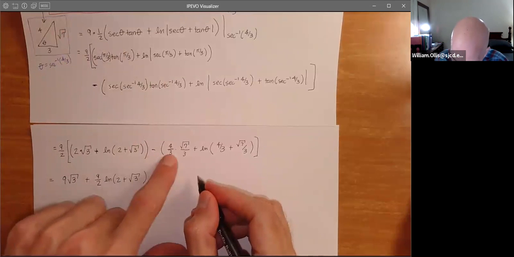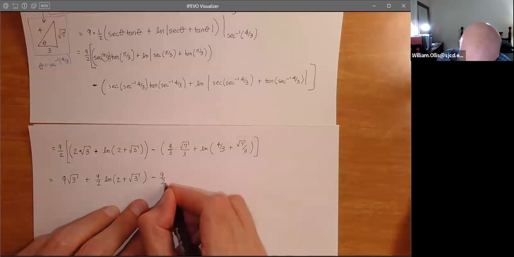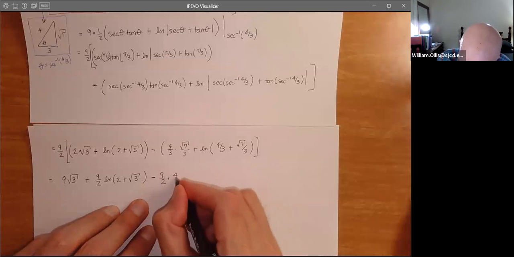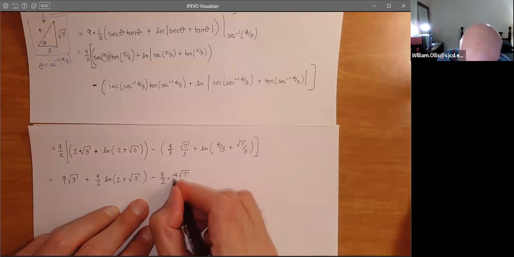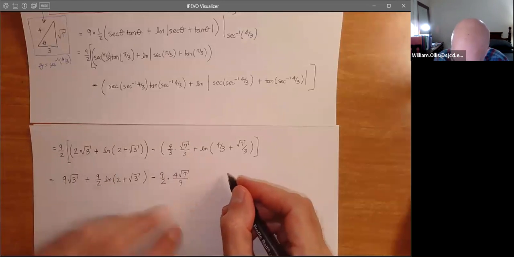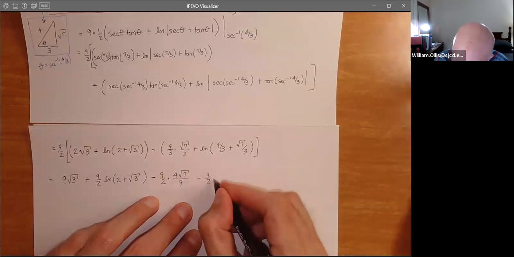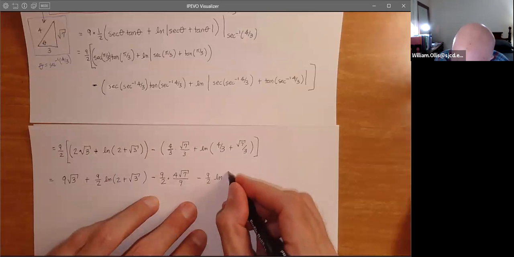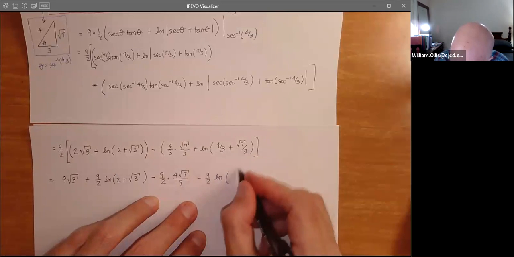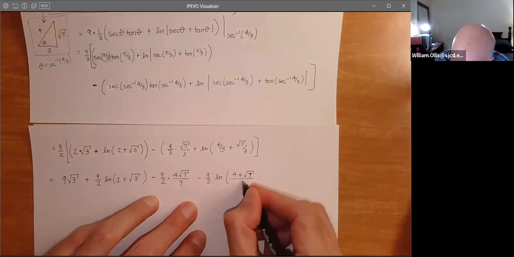And here we have minus. So we have minus 9/2 times 4 root 7. 3 times 3, 9. And then we have a 9/2 with a minus, minus 9/2 natural log. And I can go ahead and that's a common denominator, 4 plus root 7 over 3.